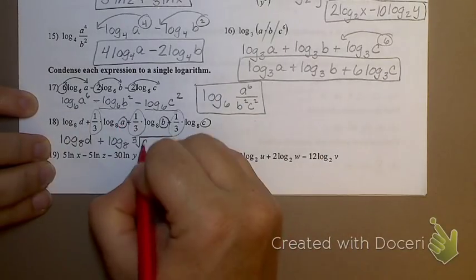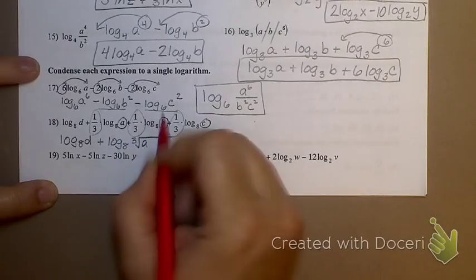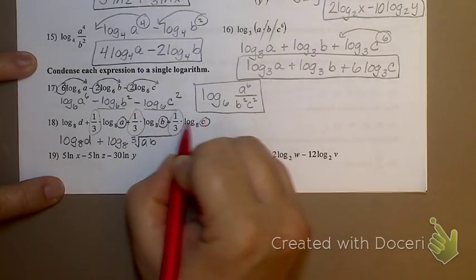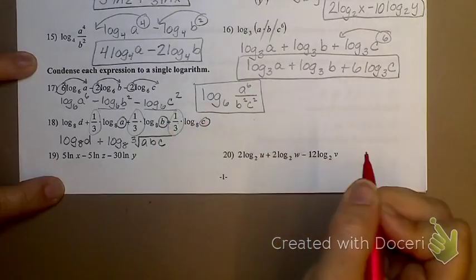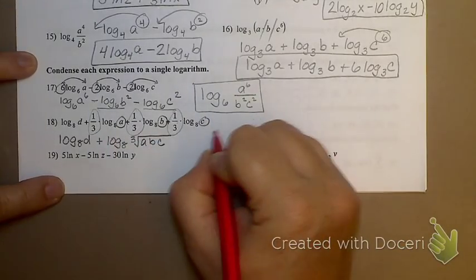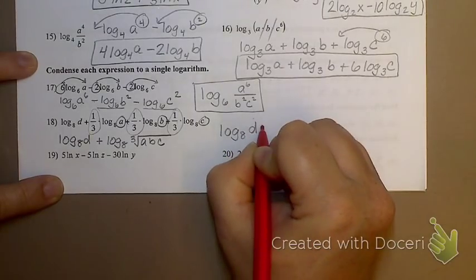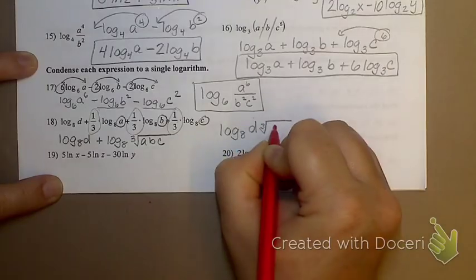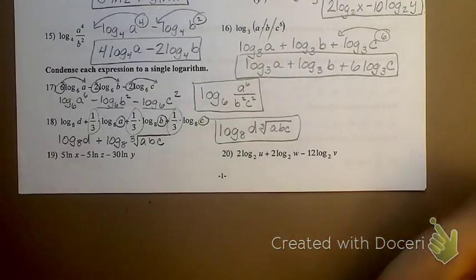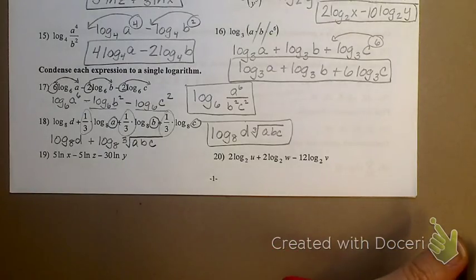A, is it going to be times B? It's connected by plus, so yes, it's going to be times. And is it going to be times C? Yes, because it's connected by addition also. And I have one last addition, so I'm going to get log base 8 of D times the cube root of ABC. Kind of sort of makes sense? Again, these are all multiple choice.